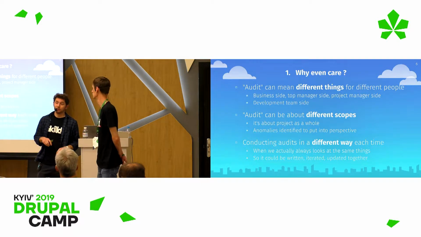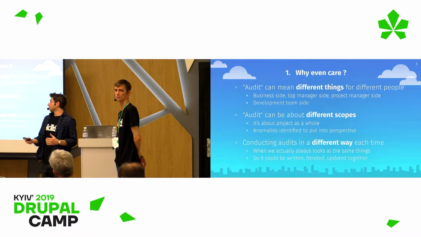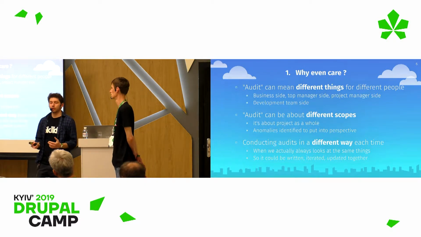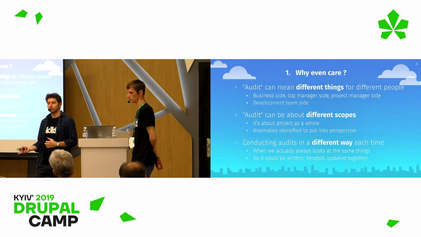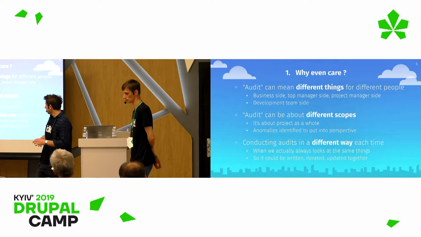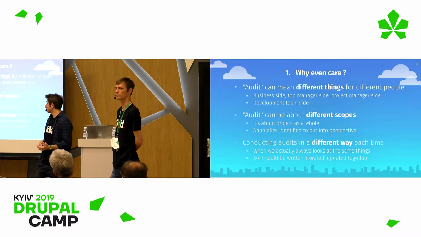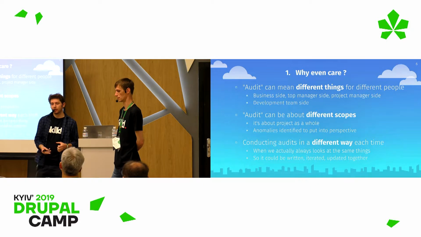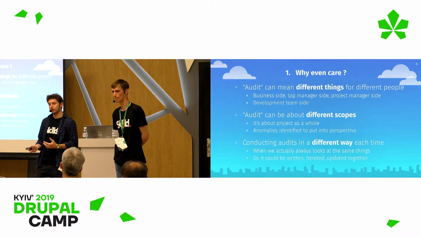Second thing, audit can be about a lot of different things. By that I mean that performing an audit is like building a website. Building a website can be a ton of different things, and performing an audit can also be about a ton of different things. So what is usually not done at the pre-sales stage of the audit is to really define the topics that should be addressed during the audit and what the client really expects from you at that point.